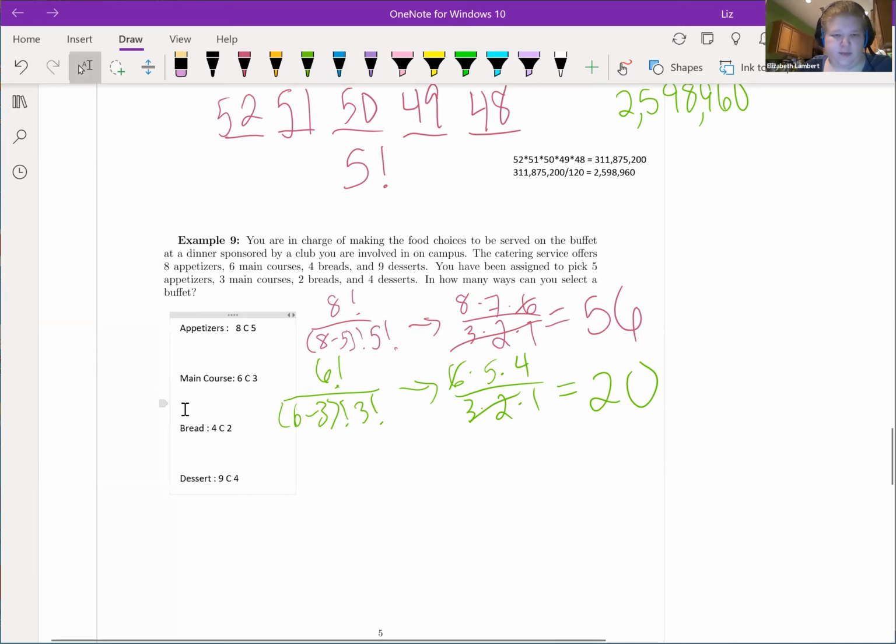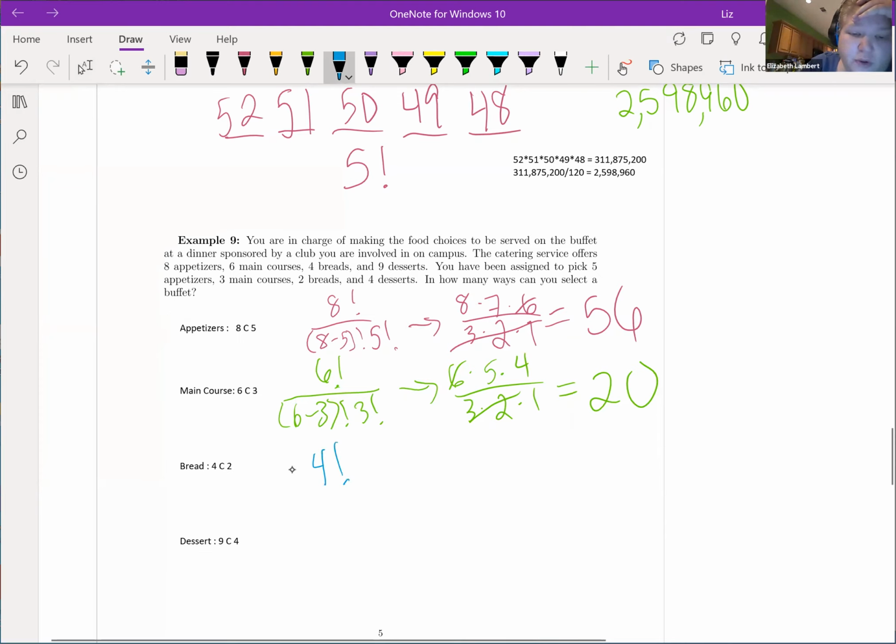Here, let me space this out a little more. All right, so the bread, 4 choose 2. 4 factorial over 4 minus 2 factorial times 2 factorial is 4 times 3 over 2 times 1 is 6.